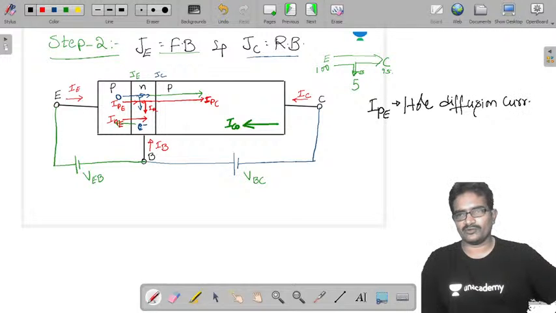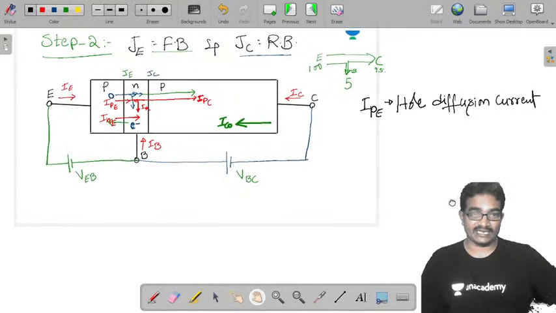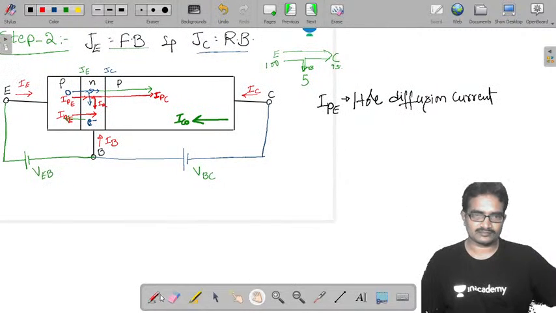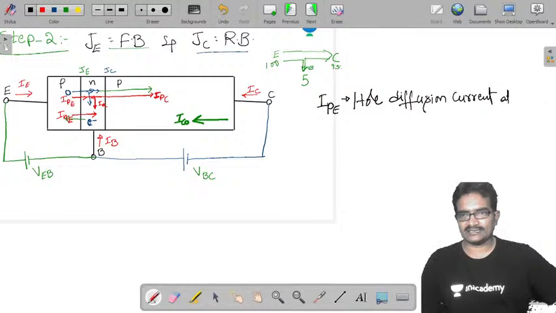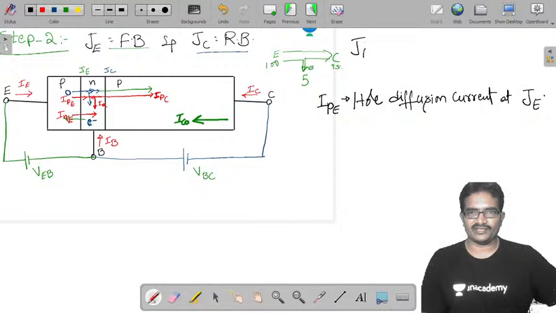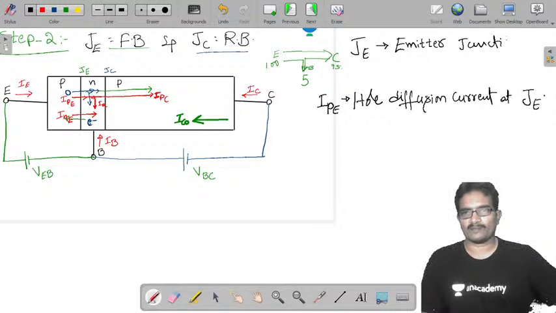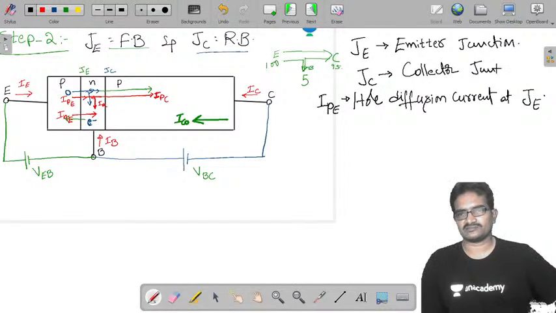JE means emitter junction, and JC, collector junction.